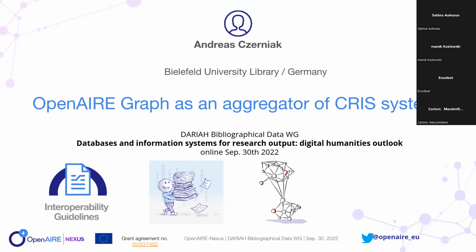And currently I'm also co-chairing the group of people updating the OpenAIRE CRIS guidelines. Today I will briefly present the OpenAIRE research graph in the context of research information systems, in a nutshell.